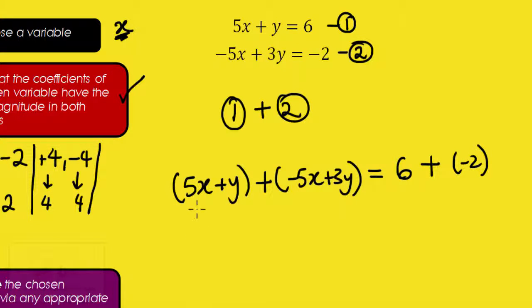When you simplify this, you drop the brackets and get 5x plus y, plus times minus 5x is minus 5x, plus times plus 3y is plus 3y. 6 plus minus 2 is 4.